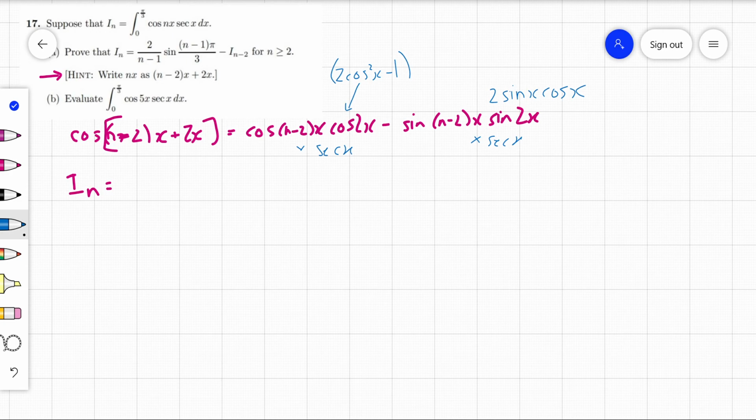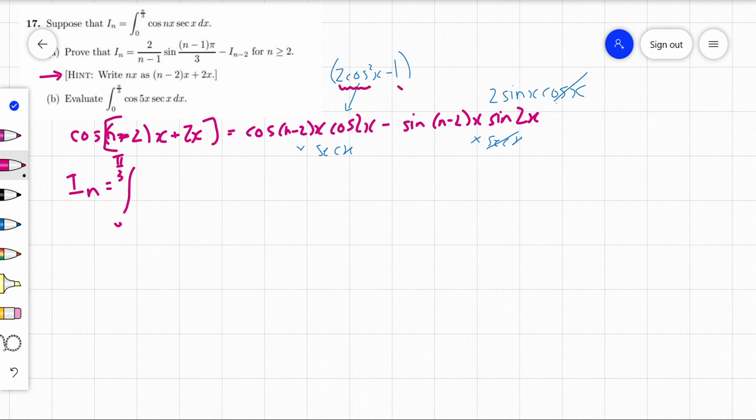Oh yeah, actually, that cos x is going to cancel with this sec x, so maybe I don't want some cos x. So let's have a look at what we get. If I now put that simplification into my integral, I'll multiply using this term first, and then I'll do the minus 1 second.